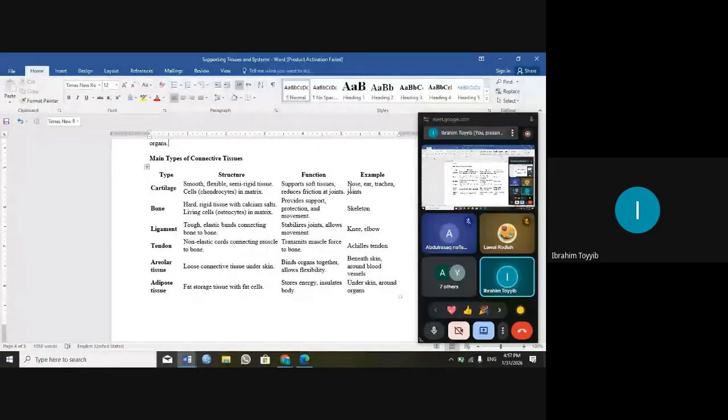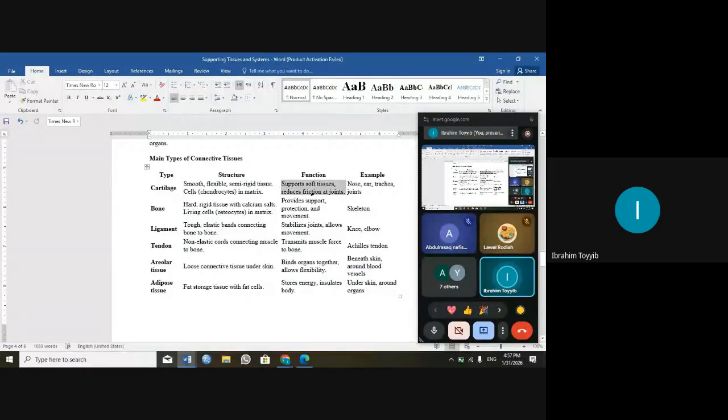It is not very hard, it is a little soft, you can press it a little. So it's made up of cartilage. Our ear, which is called the pinna, is also made up of cartilage. The trachea, that's the windpipe that carries air to the lungs. The joints also are made up of what? Cartilage.